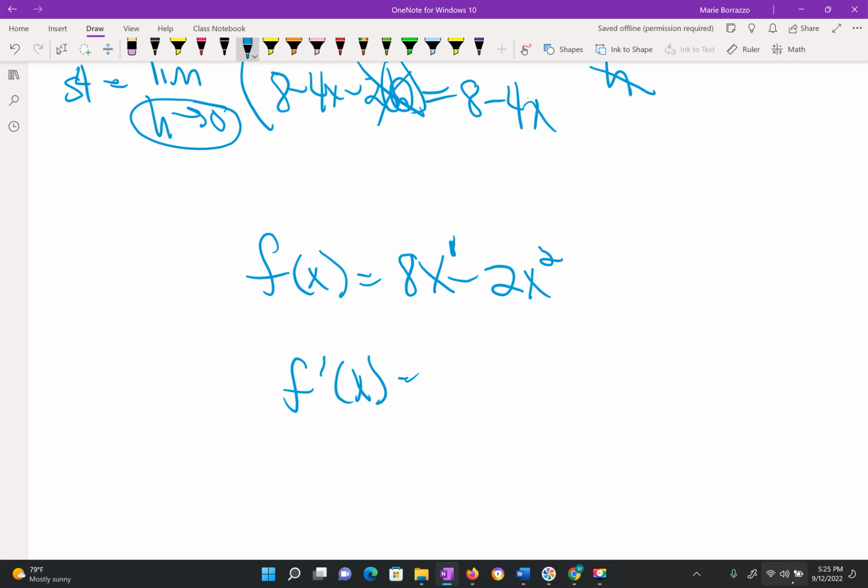So you start with exponent times coefficient. So that's 8. Take away 1. X to the 0 is really just 1, so I don't need to put that there. 2 times 2, that's 4. Take away 1, that's x. That's it.